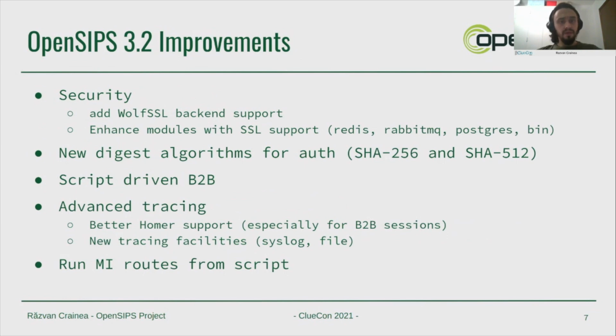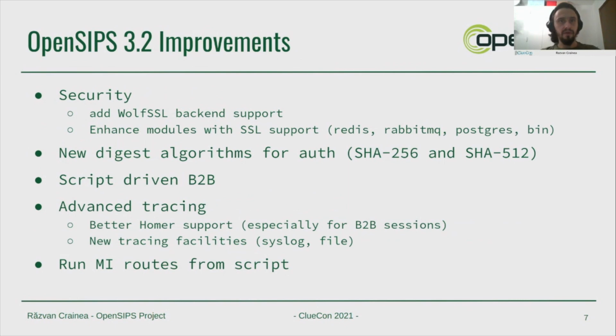In terms of security, we also enhanced some of the modules that we have with SSL support. For example, integrations with Redis databases, with RabbitMQ message queuing, with Postgres databases. We added SSL support for all of this, including for our BIN protocol, which is the protocol that we are using to replicate traffic between several OpenSIPS instances.